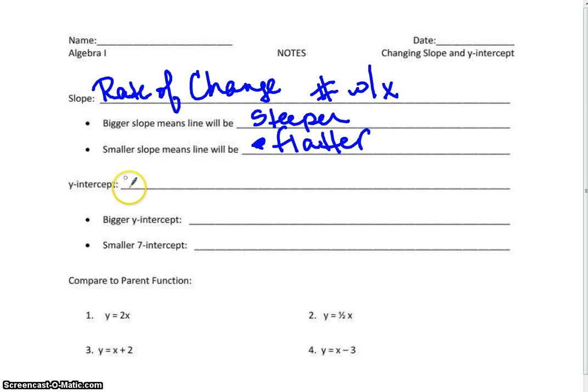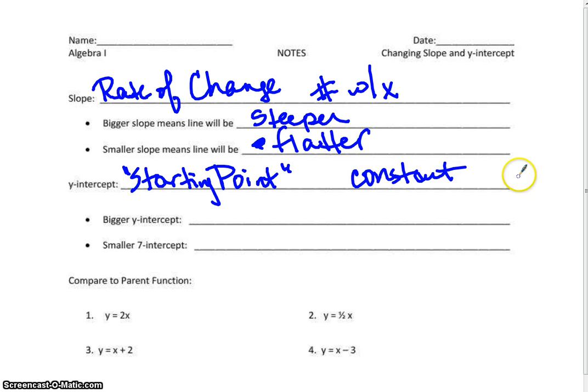Your y-intercept is your starting point. It is the constant in your equation. It is referred to as b. Remember, slope is referred to as m. The bigger the y-intercept, the higher your starting point is.